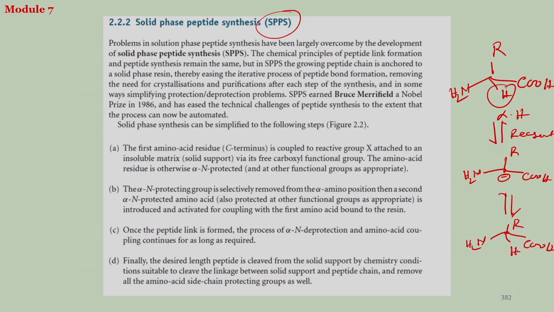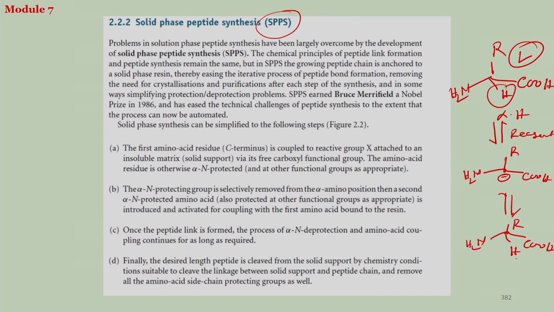It will take up the proton back and will give you the amino acid, but in the meantime it changes its configuration. If this is of L configuration, here there is no configuration. So, when this is taking up the proton back, it can go to L. In that case, you will get your original amino acid, or it can go to the D configuration, because the H plus can come from either direction.